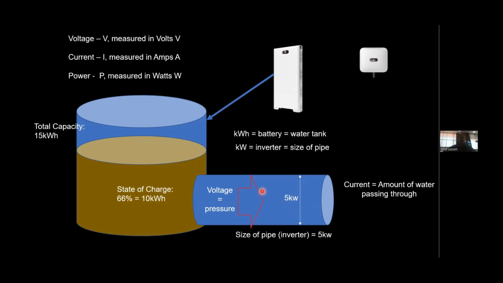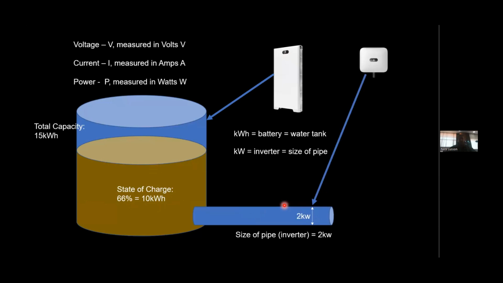And then let's say if you use this pipe at its full capacity for 1 hour, that means you have consumed 5 kilowatt hours. So here, we have 10 kilowatt hours of storage. That means we're going to use half of this in 1 hour if we consume 5 kilowatt hours.